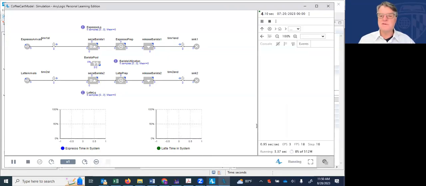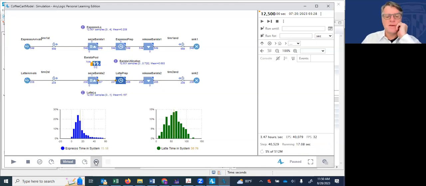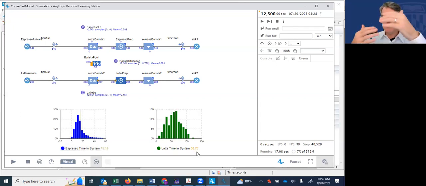I'm going to again set this up to go to 12,500. You really want to be consistent on something like this so that all your runs are created equal to the best of your ability, and we just run it to completion. So yeah, 15 seconds waiting time in system for espresso customers, 58 here, and then maybe do a third one or fourth, fifth. Average those out, get your confidence intervals going.